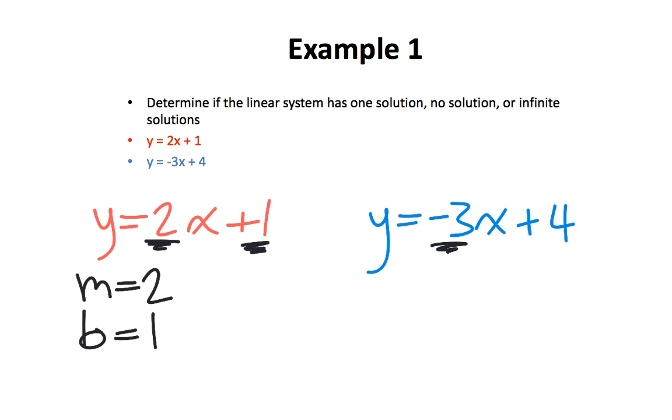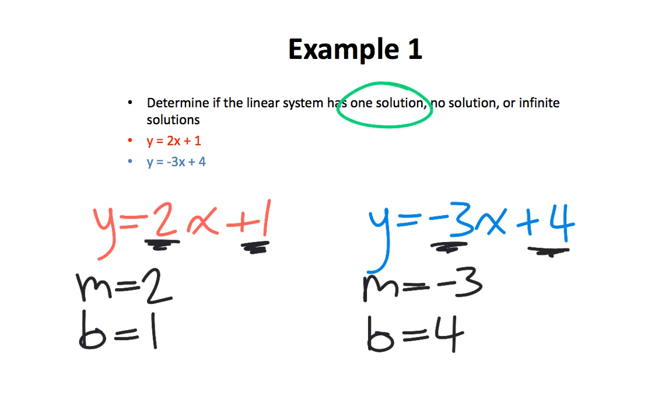Whereas the slope for the blue line is negative 3 and the y-intercept is 4. Since the slopes of these two lines are not the same, that means these two lines will eventually meet at some point, called a point of intersection, which means this linear system only has one solution.